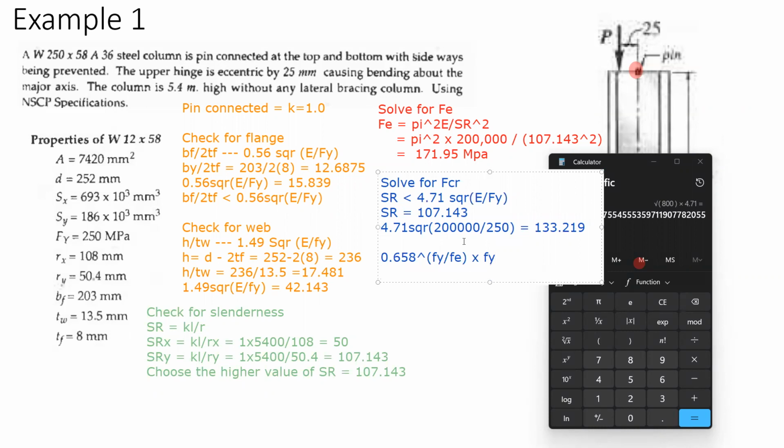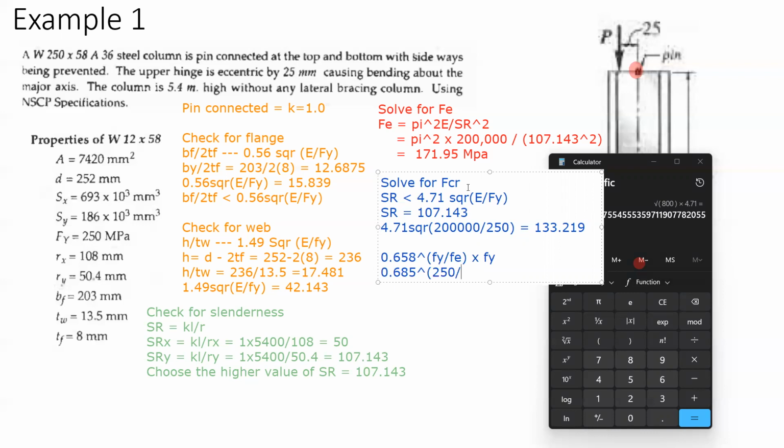Ayan. So let us simplify. This is 0.658 raised to Fy natin is over here, 250.